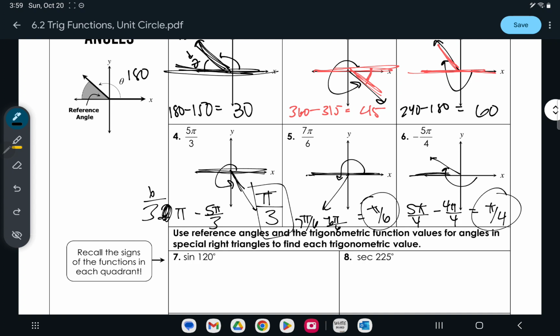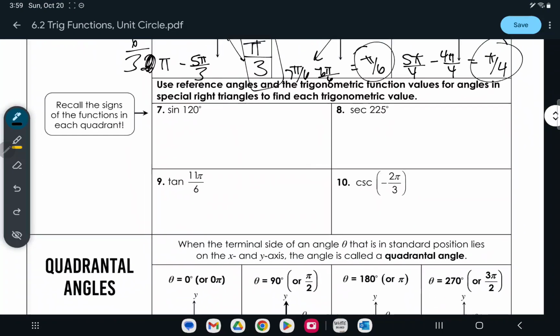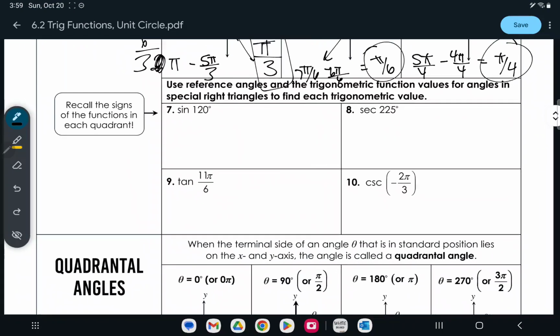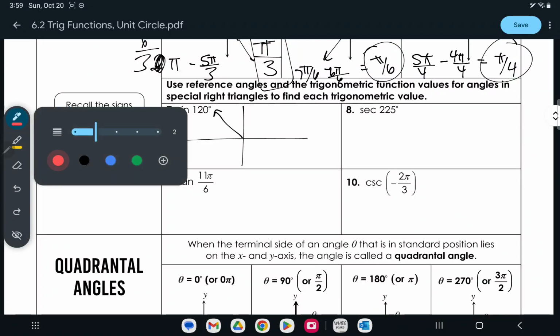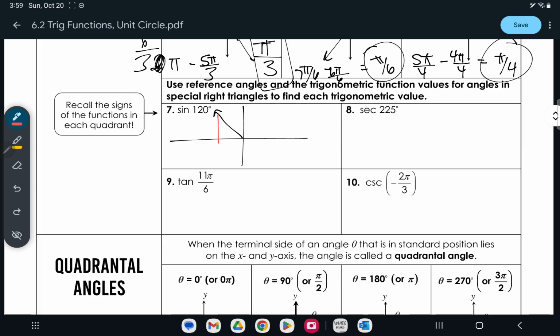Alright. We can use that with trig functions. So instead of sine of 120, we could say, oh, what's the reference angle for that? So think of a coordinate here. 120 is going to put us, let's see, somewhere here. So if I think about making a right triangle with that angle, right?